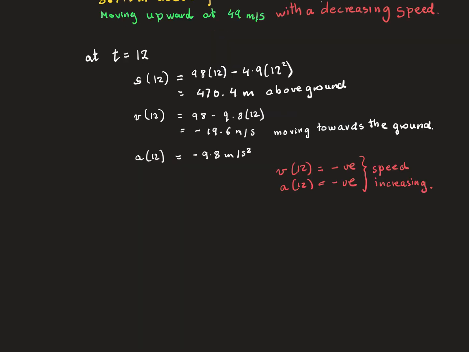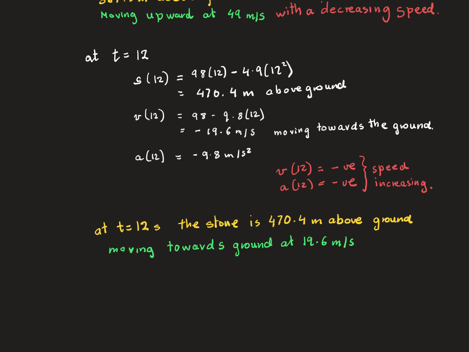And so we will write that at t equal to 12 seconds, the stone is 470.4 meters above ground, and it is moving towards the ground at 19.6 meters per second with increasing speed.